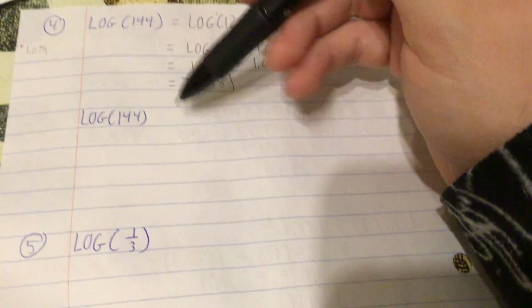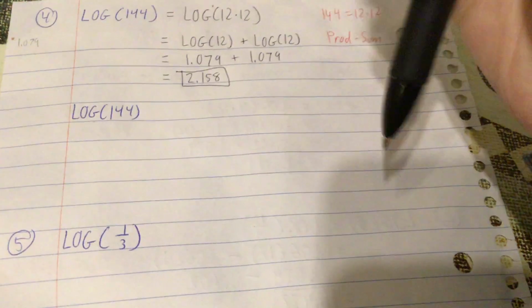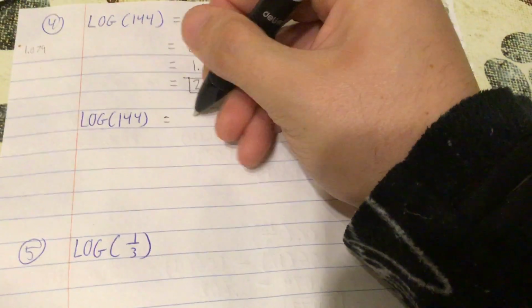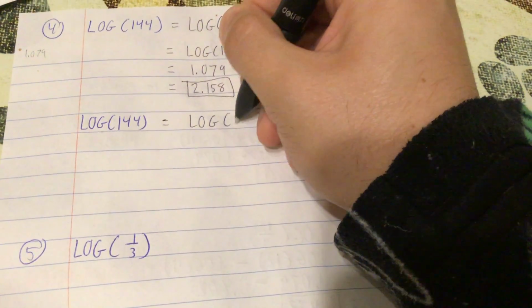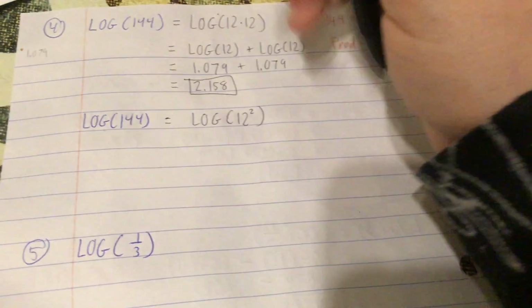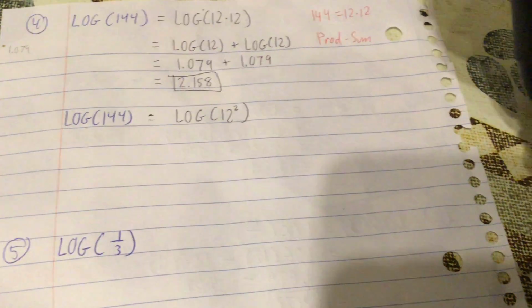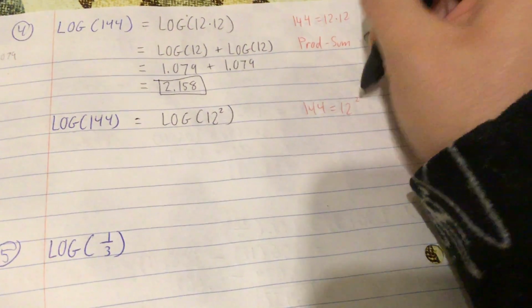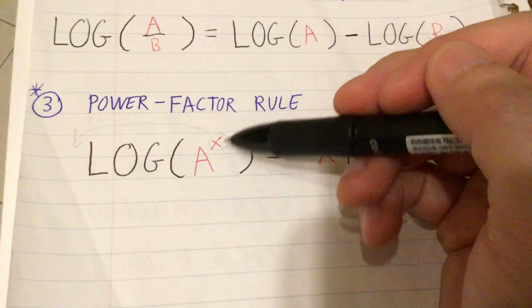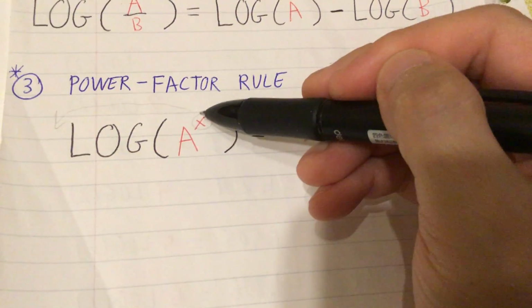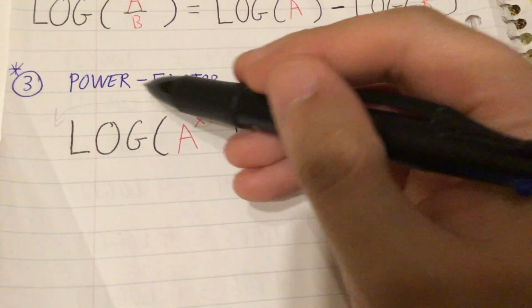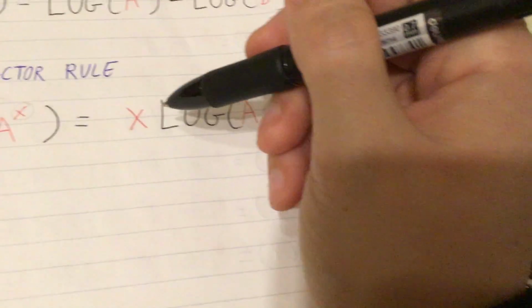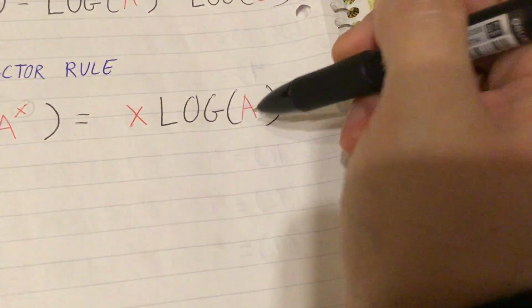Well, remember that 144 is also 12 squared. So I can call this log of 12 squared. Because 144 is equal to 12 squared, now I've got an exponent inside of my logarithm. Using the power factor rule, log of 12 squared, that exponent comes out to the front, leaving me with 2 log of 12.